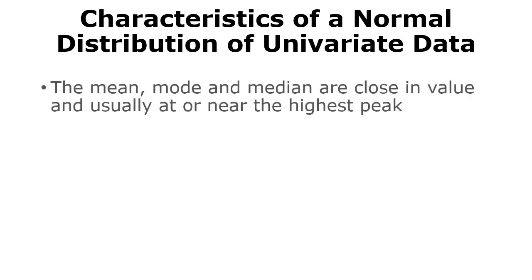And so you were asked to identify the characteristics of a normal distribution of univariate data, and just to summarize, those characteristics are that the mean, mode, and median are close in value and usually at or near the peak.